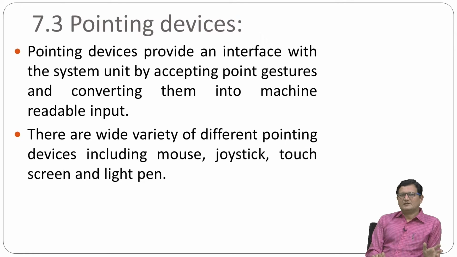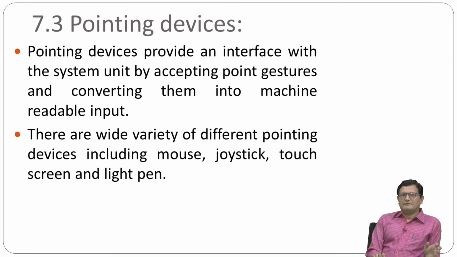You can easily understand this type of pointing device if you consider a mouse. Whenever you move your mouse, several signals are transmitted from your mouse to the system, and based on your mouse movement, you get a pointing gesture on the screen.